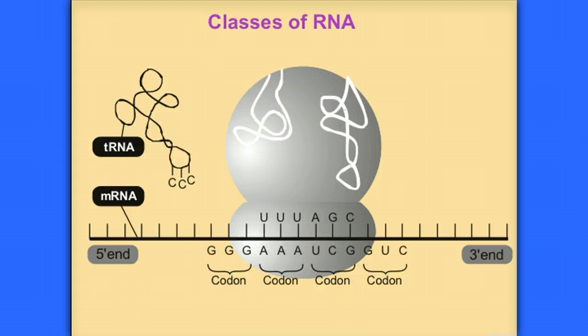We see a transfer RNA, the mRNA, and the white colored RNA molecule within the ribosomal units, given in gray, called ribosomal RNA.